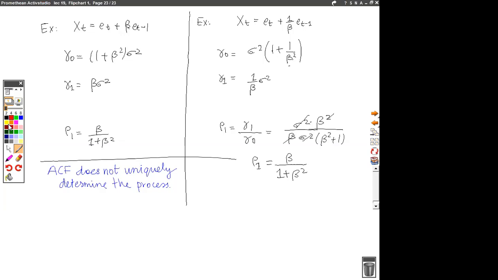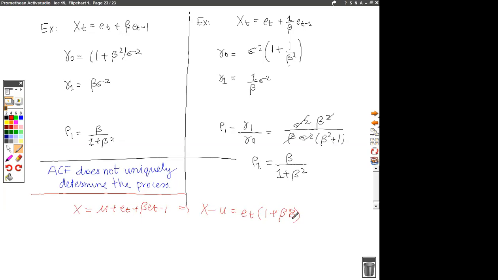And the MA1 process which I had was something like x equal to mu plus et plus beta et minus 1, and I can rewrite this as x minus mu equal to et and 1 plus beta, and this is my backwards operator B. Does this make sense? I can write it like this, right?